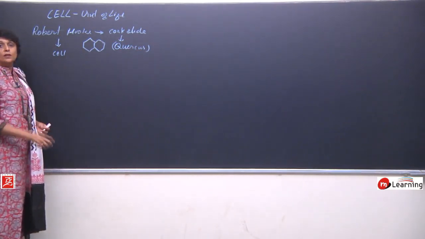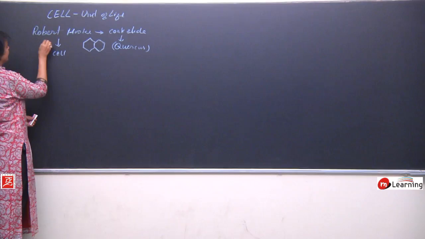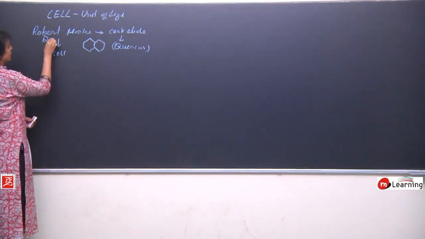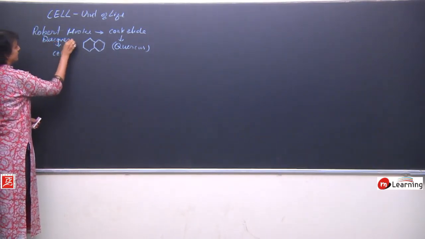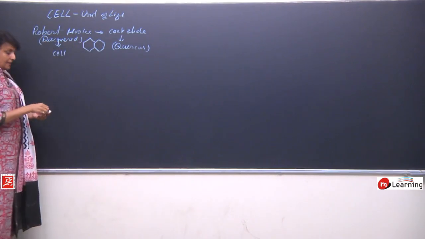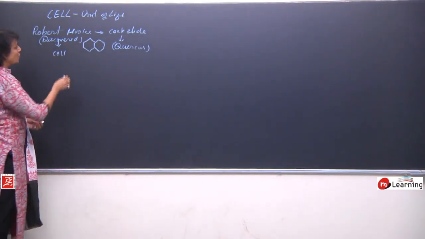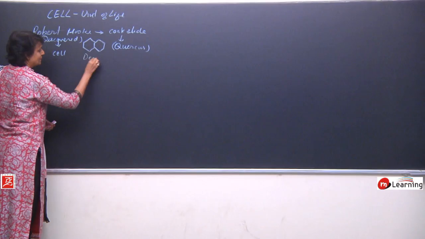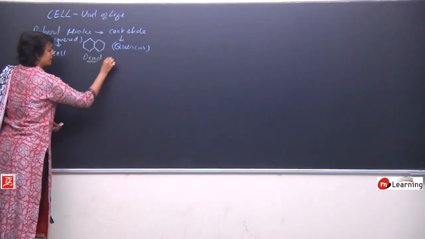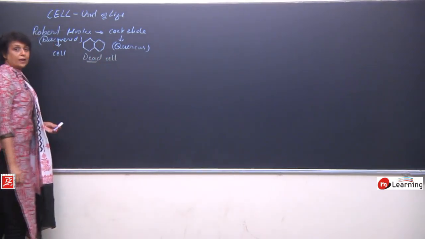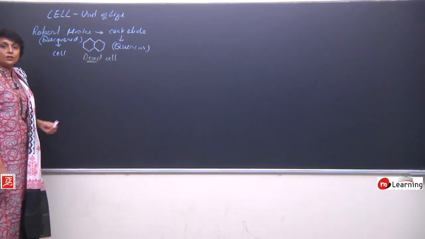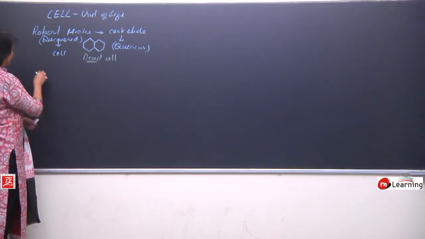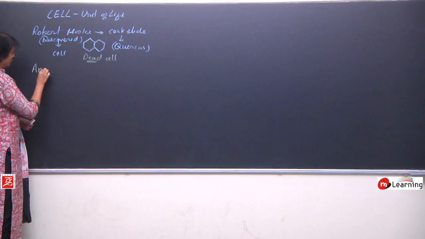So Robert Hooke discovered the cell. But the cell that he discovered was a dead cell. So now the other scientist who discovered the living cell for the first time was Anton von Leeuwenhoek.